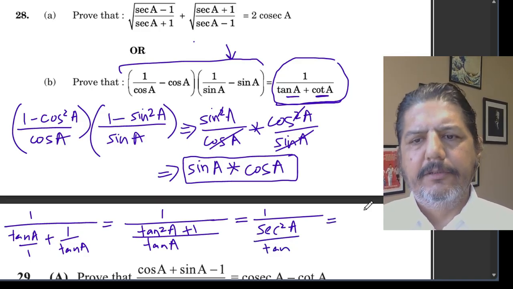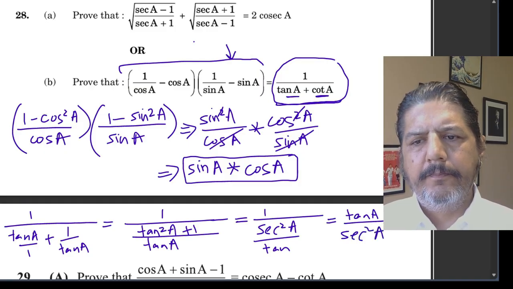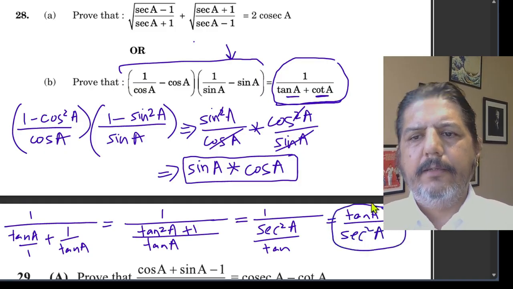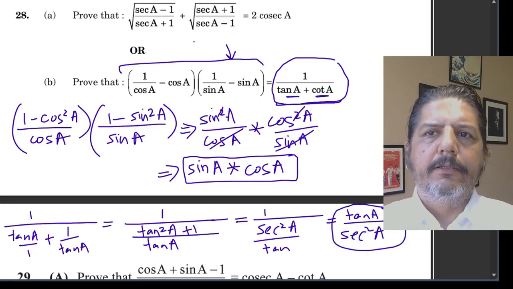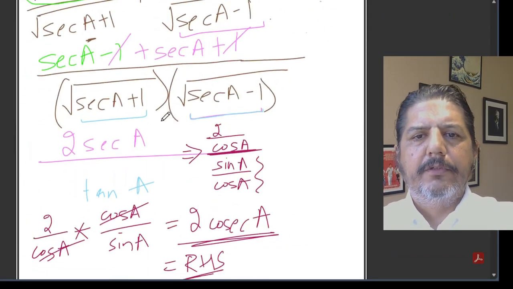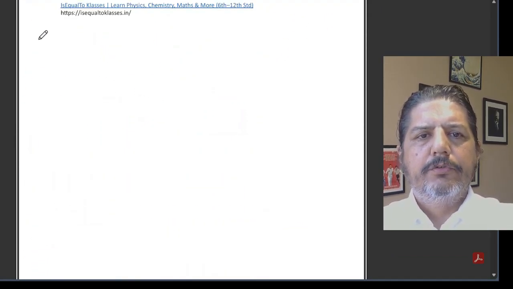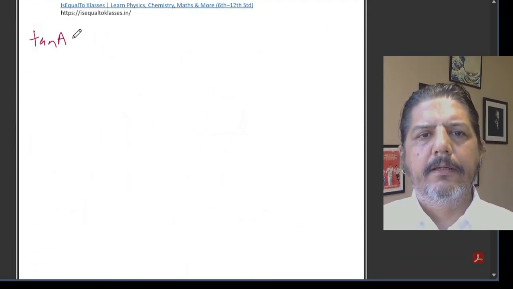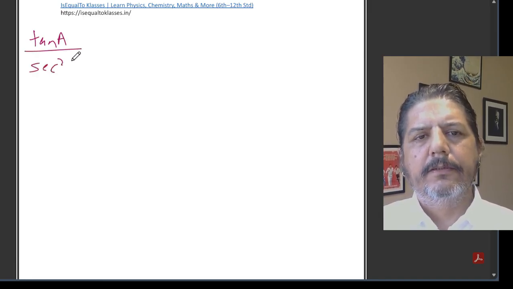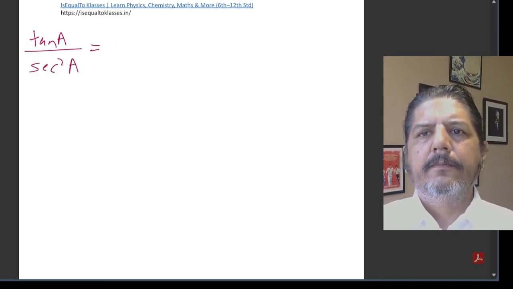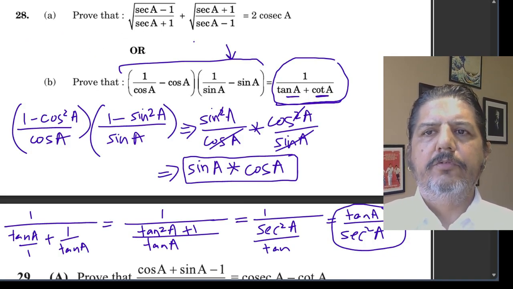Let me take the reciprocal. This will be equal to tan⁴A upon secant²A. Now, because I don't have space there, let me write it here. So tan⁴A upon secant²A.